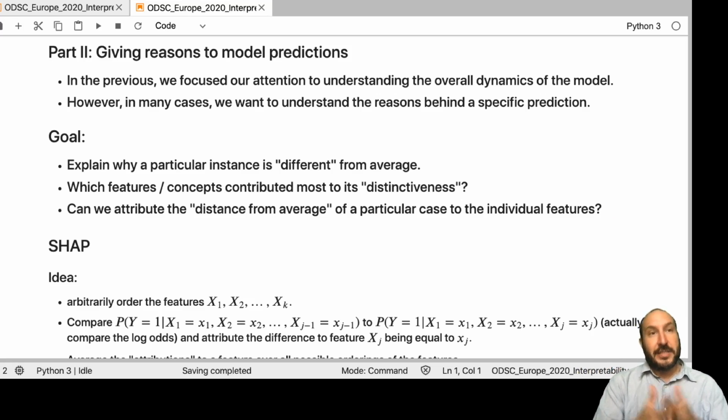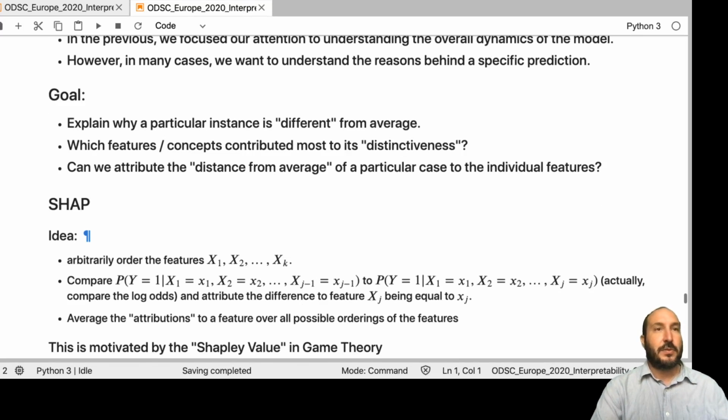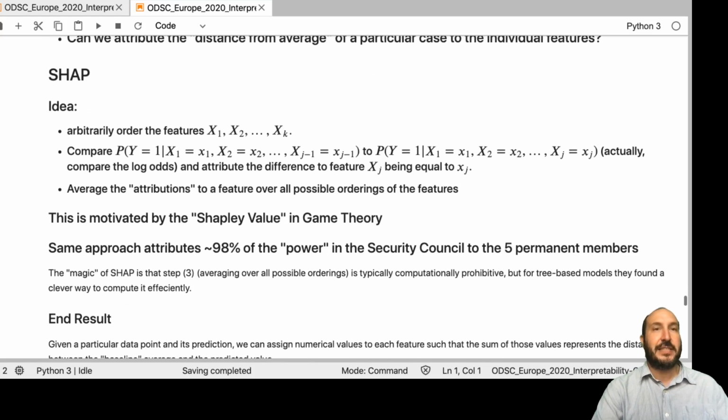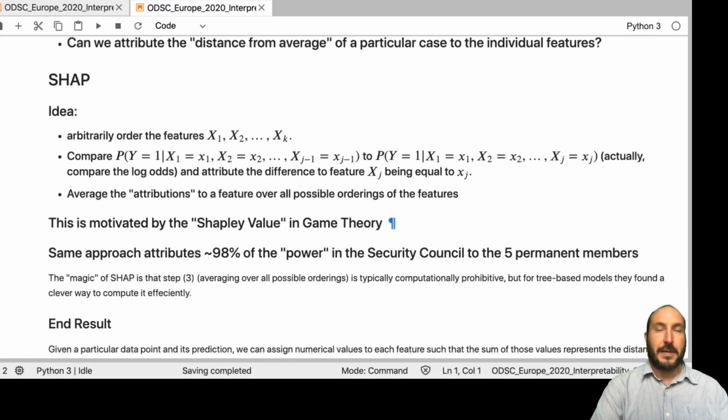And what we're going to do, with the help of SHAP, is attribute the distance from average of a particular case to individual features. The concept of SHAP comes from the Shapley value, which is an idea in game theory. And the way it's going to work in our model is the following.